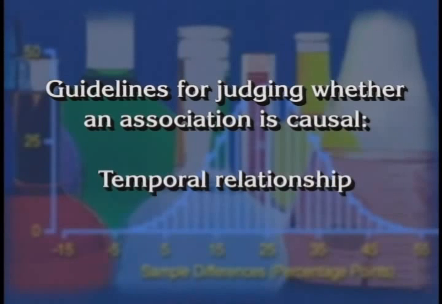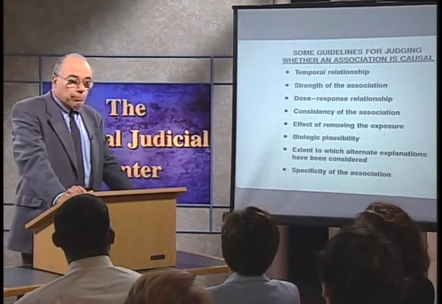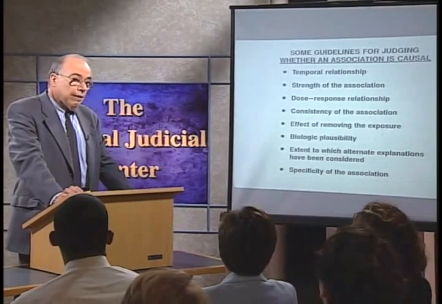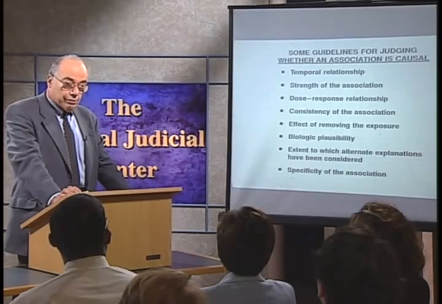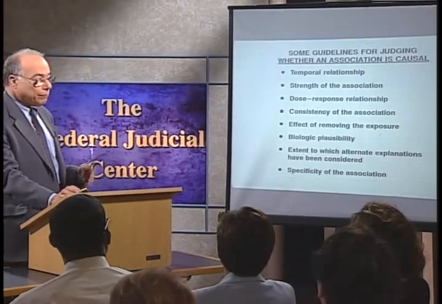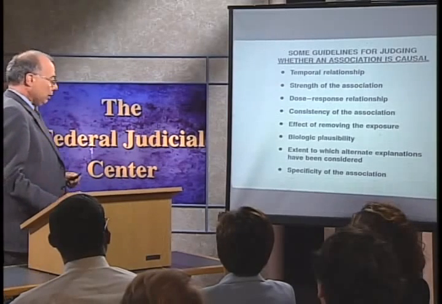First, is there a temporal relationship between the exposure and the disease? What does this mean? If we believe that a certain exposure causes a disease, then the exposure should have occurred prior to the development of the disease. If the exposure occurred after the disease, clearly it's not consistent with a causal inference.